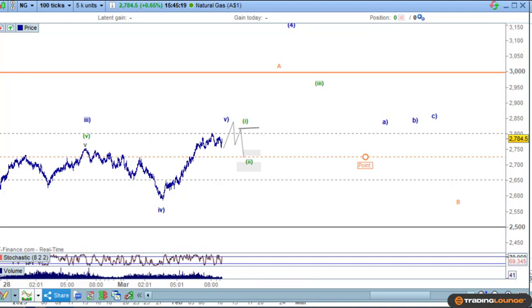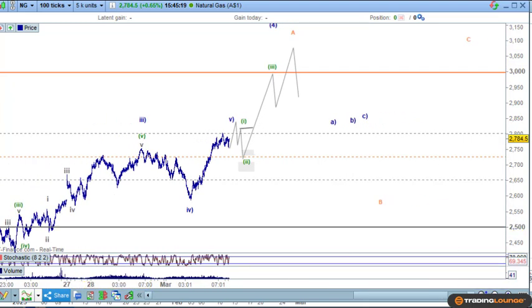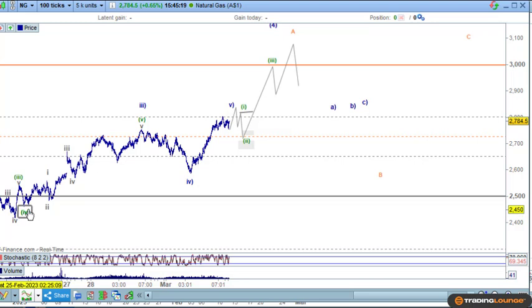I'm thinking that we'll probably end up seeing something like this, and then topping out here for the A wave up here. And this would be 3 here. So that would be the A wave at that point.